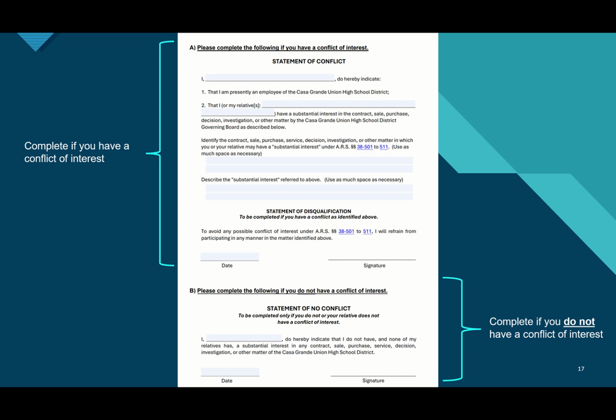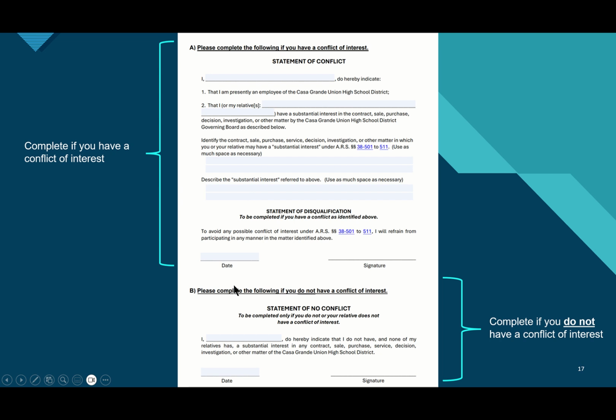You'll state the contract purchase decision a little bit later down in the form. And then you're going to describe what you think is the conflict of interest in this part of the form here. Then you would go ahead and date and sign.